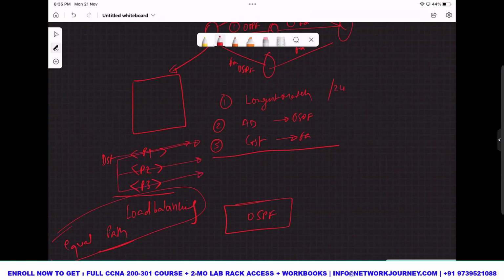Again, the fourth would go via this, the fifth via this, the sixth, the seventh, the eighth, the ninth. So all three paths are stored in the routing table as best paths. So you got the flow of how the router decides, and what the three factors are.